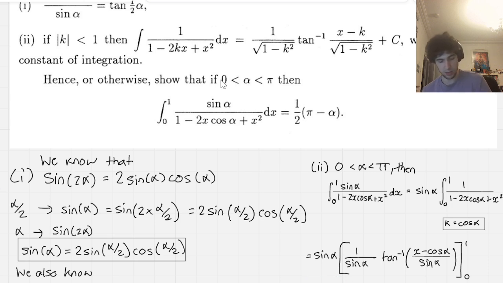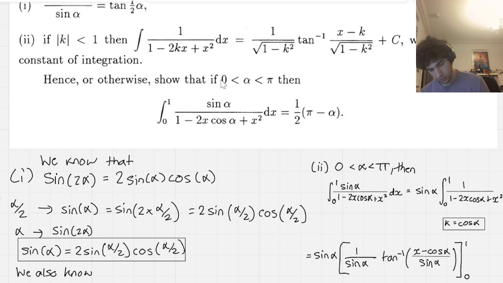So what's this going to be? If I just evaluate it, I'm going to get sine alpha multiplied by 1 over sine alpha arctan of 1 minus cosine alpha over sine alpha, because I'm just plugging in x equals 1. To evaluate it at 1, that's what I have to do.